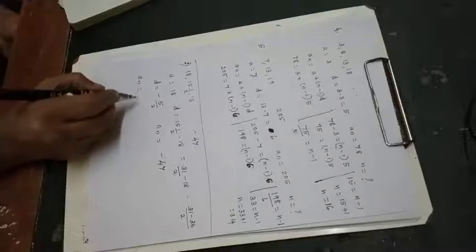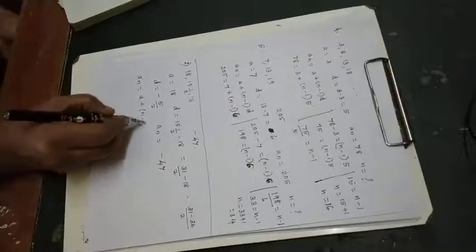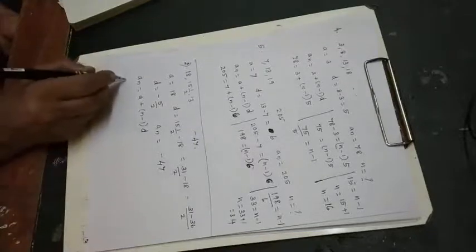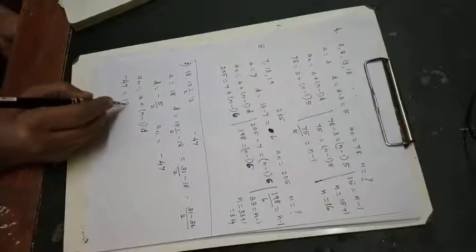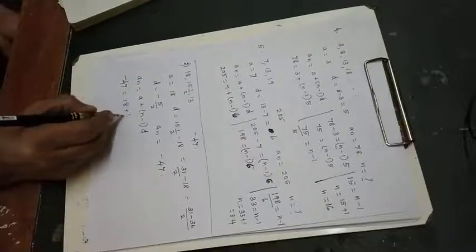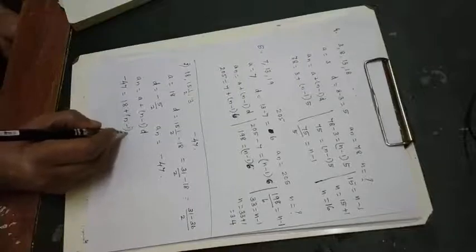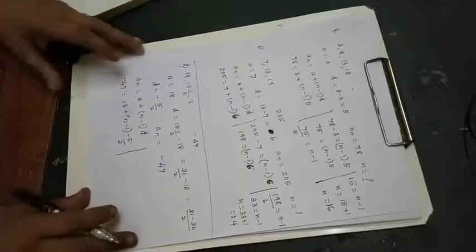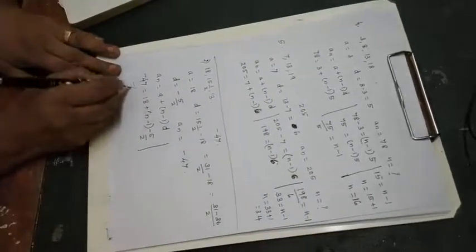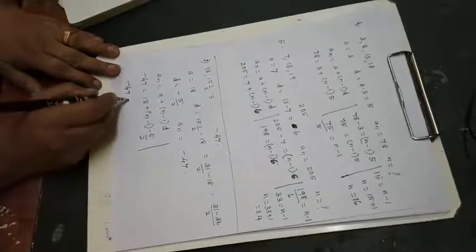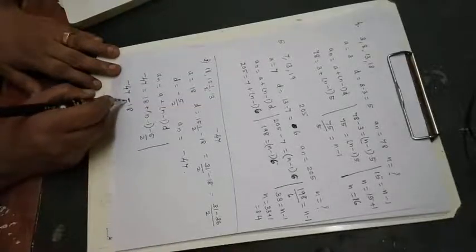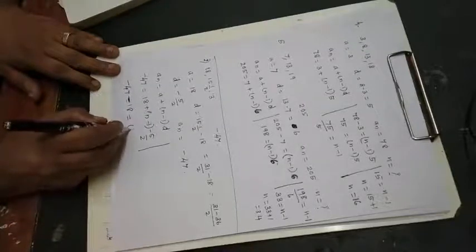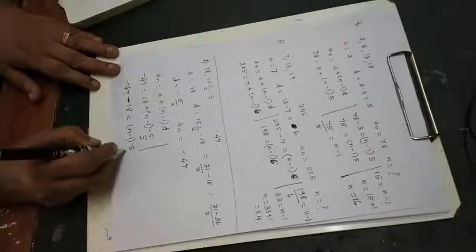So an is equal to a plus n minus 1 into d, or negative 47 is equal to 18 plus n minus 1 into negative 5 by 2, or negative 47 minus 18 is equal to n minus 1 into negative 5 by 2.